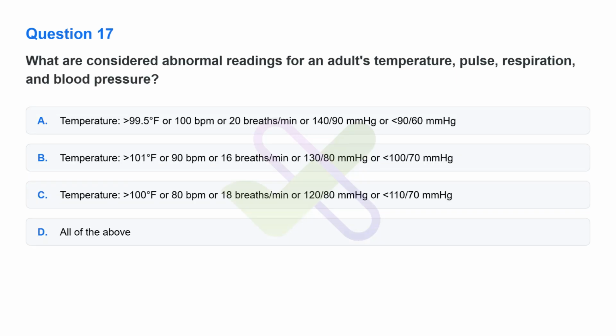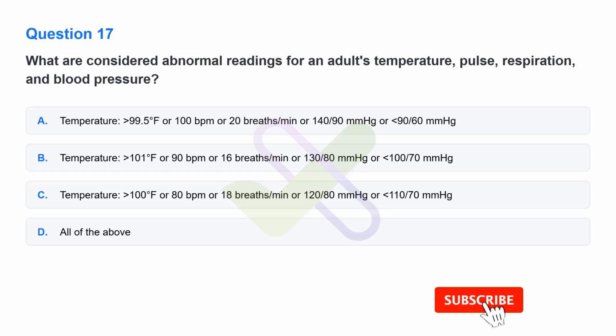What are considered abnormal readings for an adult's temperature, pulse, respiration, and blood pressure? A. Temperature greater than 99.5 degrees Fahrenheit or 100 bpm or 20 breaths/min or 140/90 mmHg or less than 90/60 millimeters of mercury.